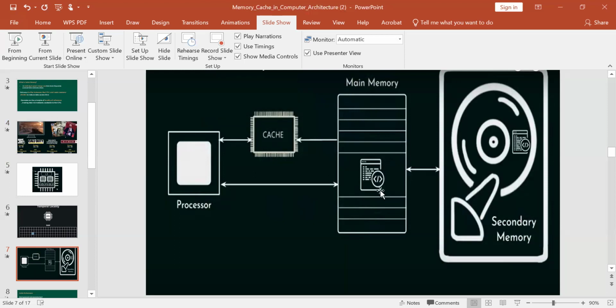So in order to avoid that, this cache will fetch this data from the main memory and store it here, so that anytime the processor needs this data, the cache just delivers it to the processor. In doing so, we reduce the time of fetching the data from the main memory, speeding up our process.